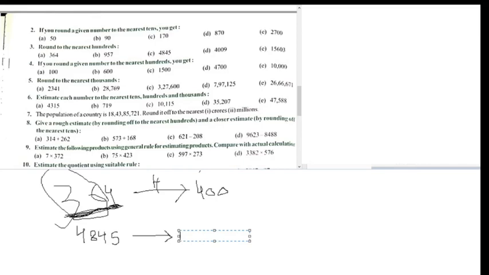On the 100 place is written 8, and 84 is nearest to 80. So in place of 84 you write 80, and in place of 5 you write 0, because it is on the right side. Now your rounded value is 4800. Your answer is 4800.